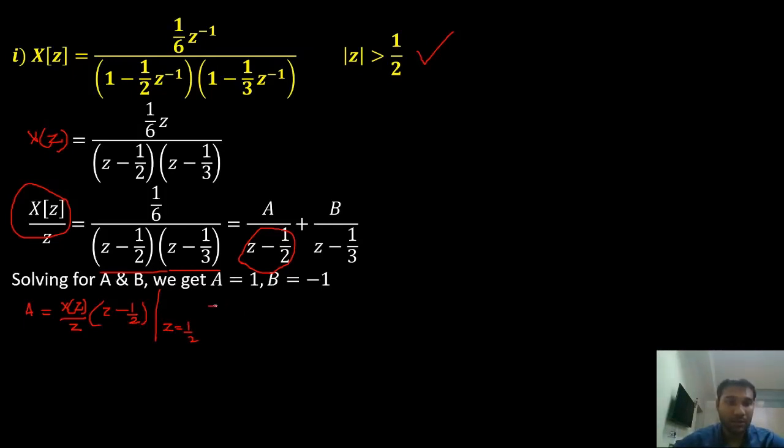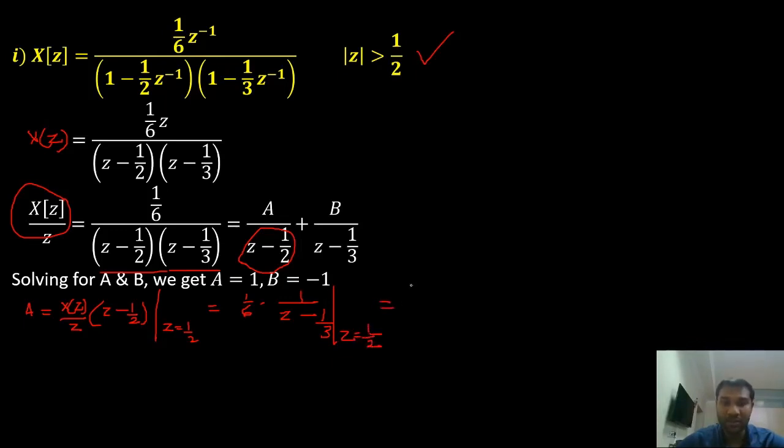If I do this, x of z divided by z is 1 by 6 times this term, and when I multiply this entire term with z minus 1 by 2, the z minus 1 by 2 will get cancelled. So I have 1 by 6 multiplied with 1 by z minus 1 by 3 at z equals 1 by 2.